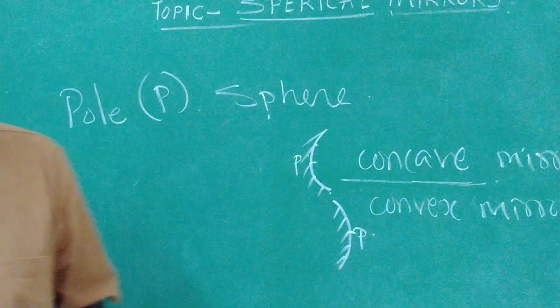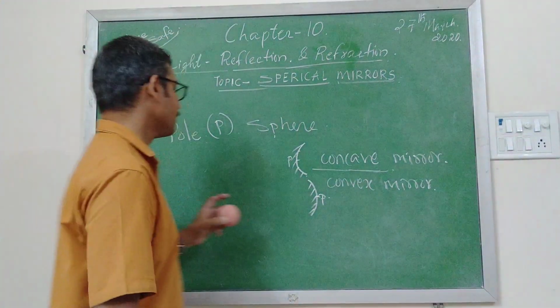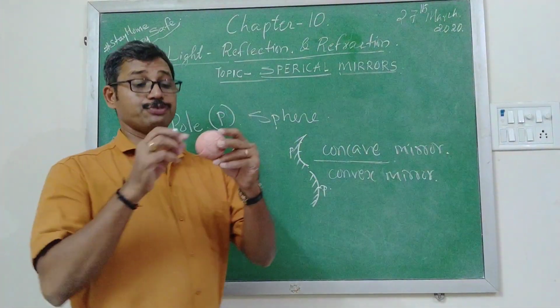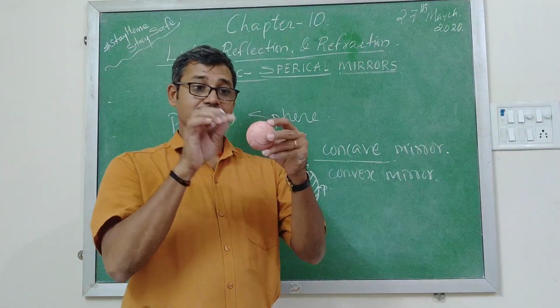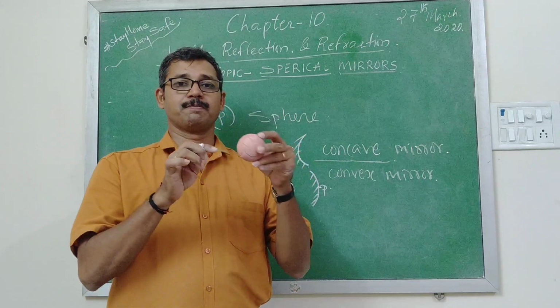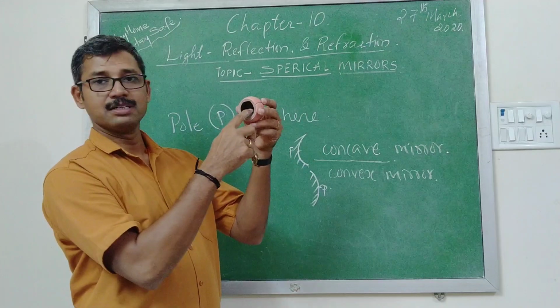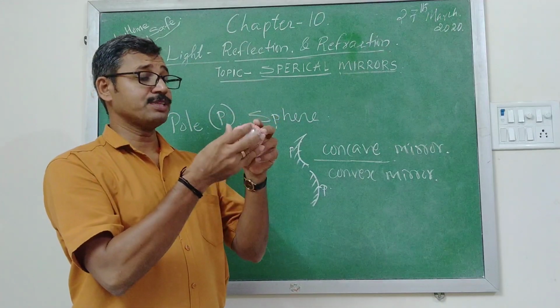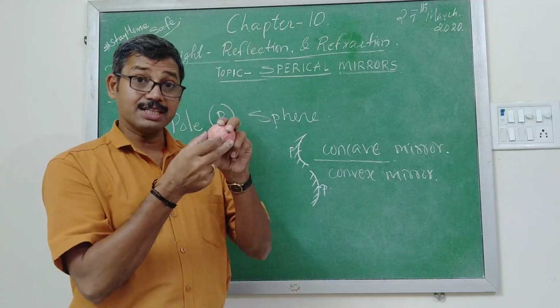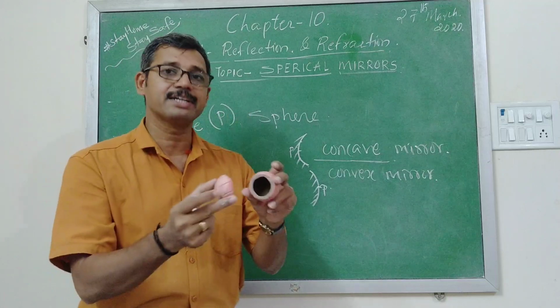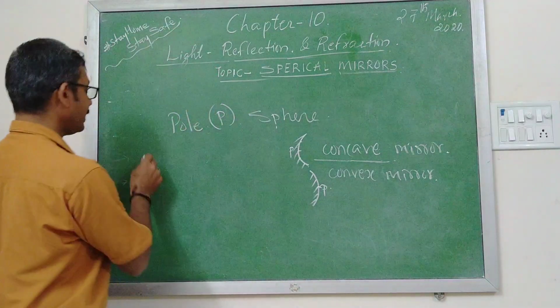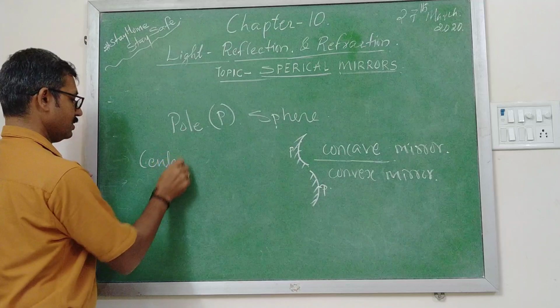The center of the sphere of which this mirror is a part is called the center of curvature.